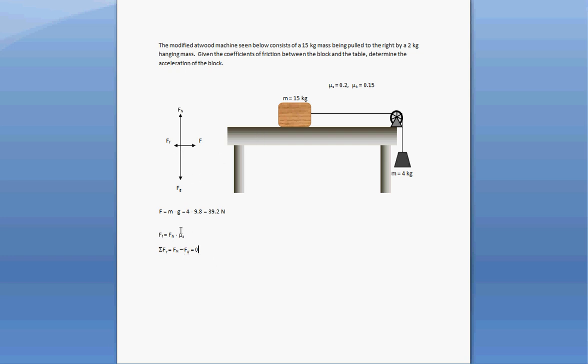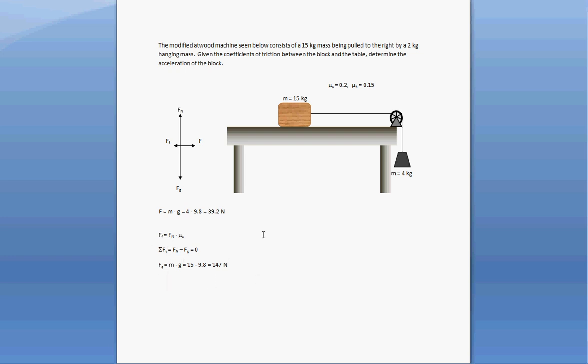So the force of gravity on that block is equal to the mass of that block times 9.8. So the mass of this block is 15, times 9.8. That's going to equal 147 newtons. So there's your Fg. We can take this and plug it into this equation now.